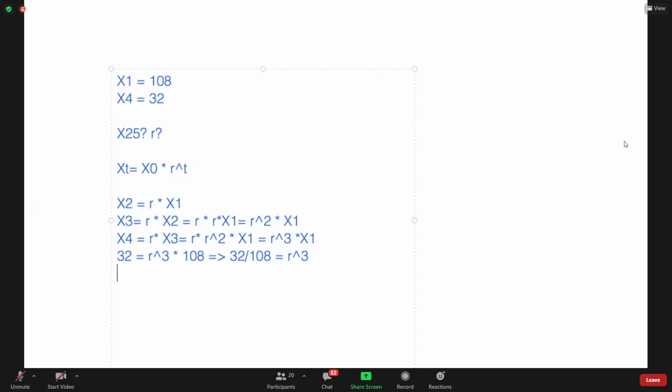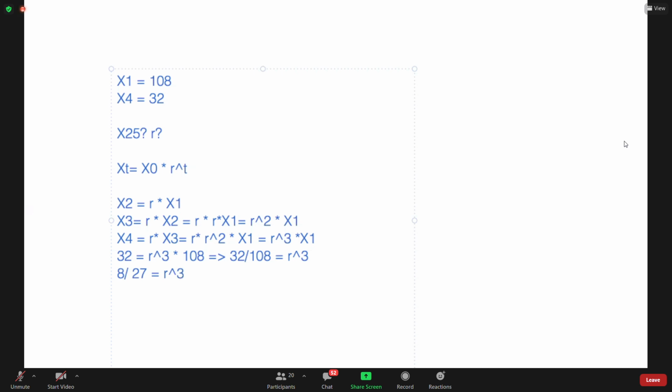Yes, we can reduce it by 4 directly. We obtain as a final result 8 divided by 27, because 8 times 4 gives us 32 and 27 times 4 gives us 108. I simplified this fraction by 4 to obtain the simpler version, 8 divided by 27, and this is equal to r to the power of 3.